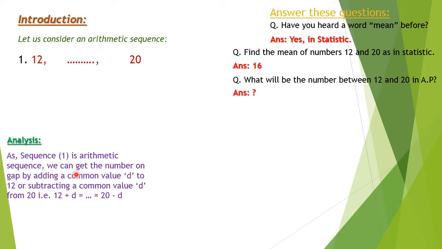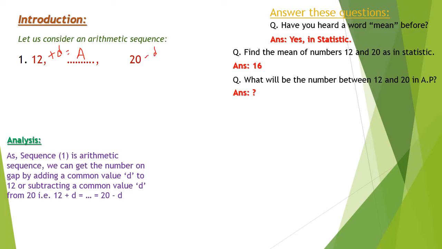If the number here is, let's suppose, a, then we can get this number by adding d to 12 or subtracting d from 20.